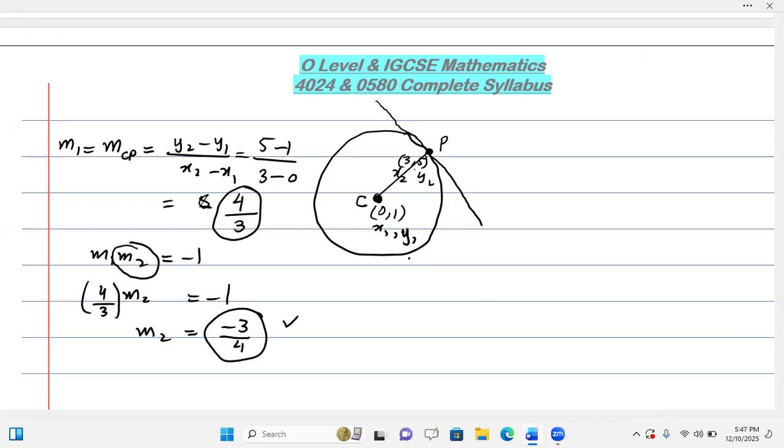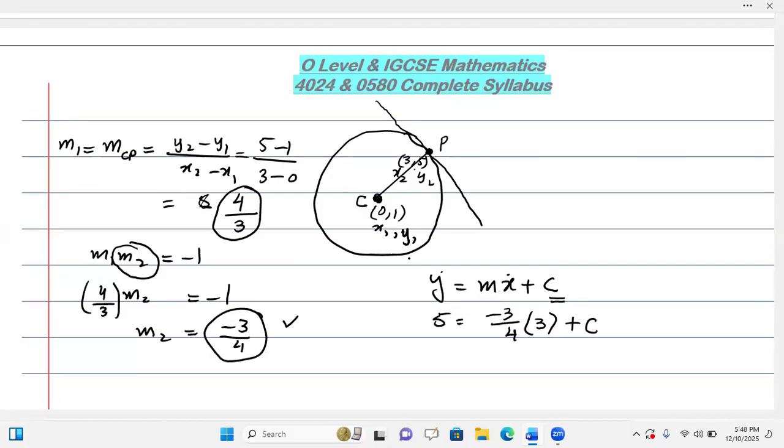For the line equation y is equal to mx plus c, we want to calculate c. Use x and y of point P as 3, 5. So y is 5, equal to the gradient minus 3 by 4 times x, which is 3, plus c. Make c the subject.